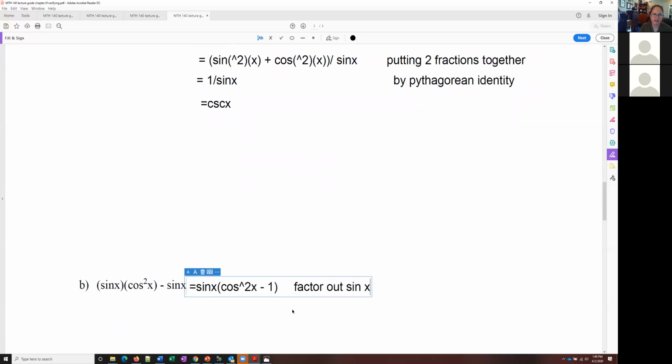So we factored out sine x. And now what I'm going to do is factor out a negative 1. And if I factor out a negative 1, that'll give me 1 minus cosine squared of x.